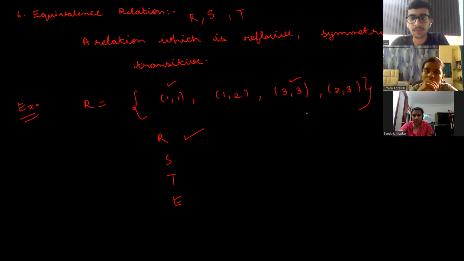So 1 comma 1, 3 comma 3, but 2 comma 2 is not there, right? And 2 also belongs to set A. Yes, that should be there. So 2 comma 2 should be there.